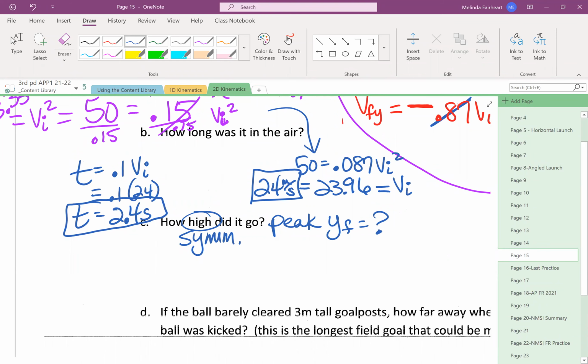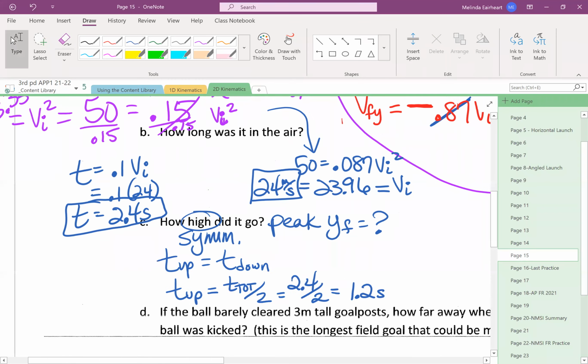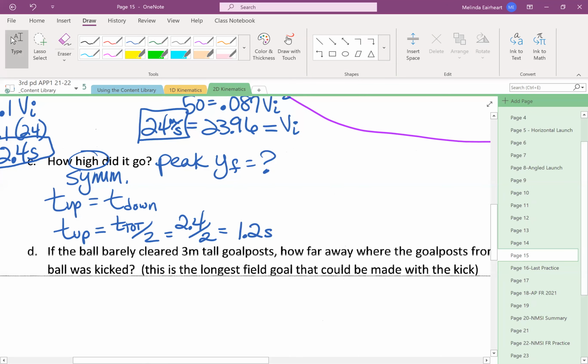Time up equals time down, added together they have to equal 2.4. So how do I find just the time up? Divide by 2. So 2.4 divided by 2, the time we're going to use is 1.2.